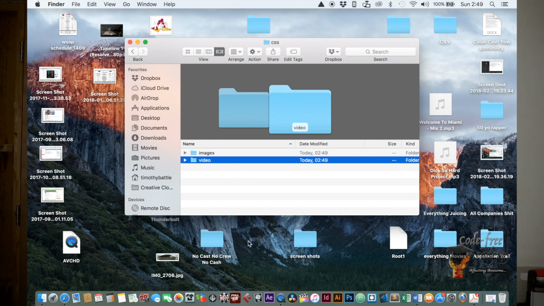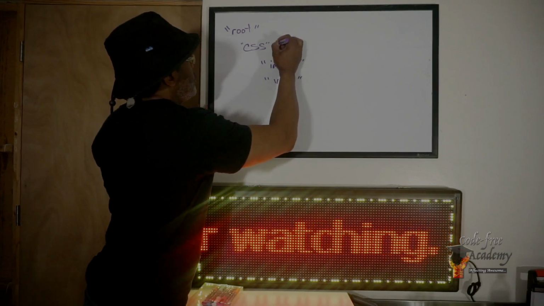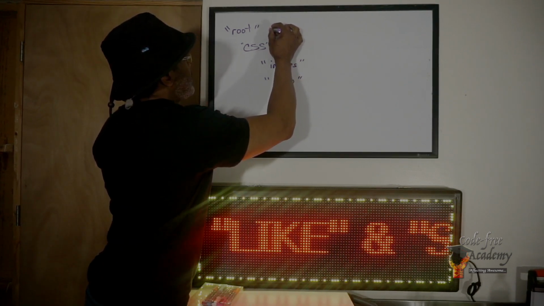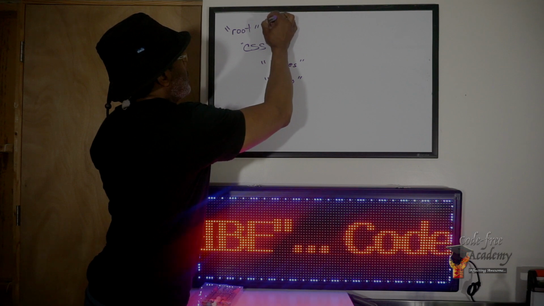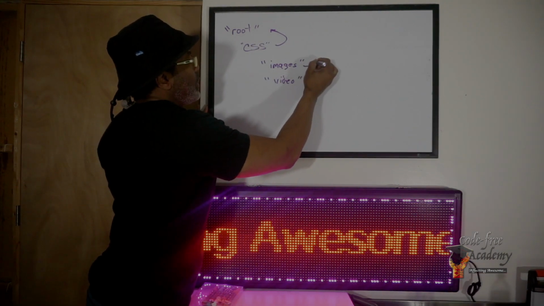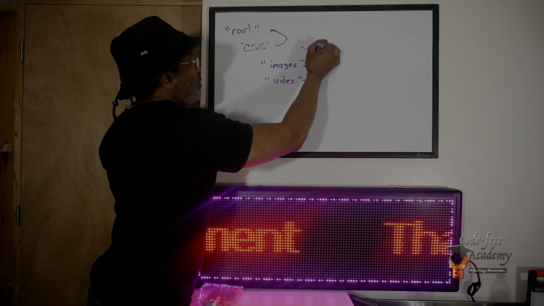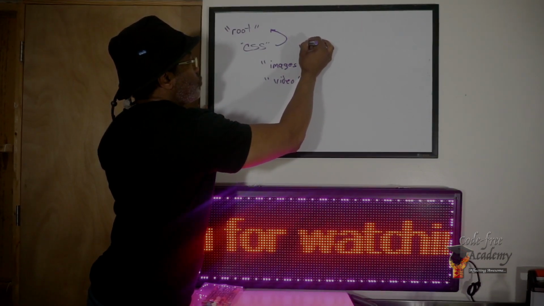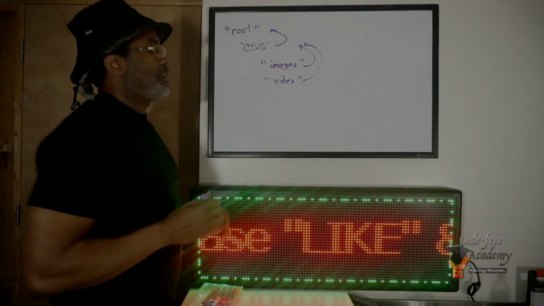For simplicity's sake, I'm going to go ahead and describe these folders as CSS is the child of the root folder, and images and videos are children of the CSS folder.